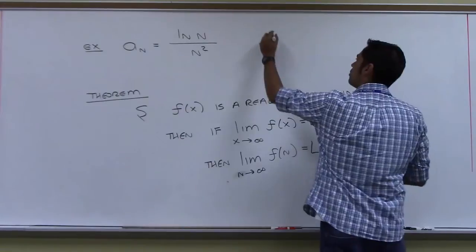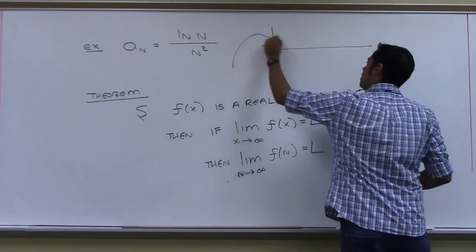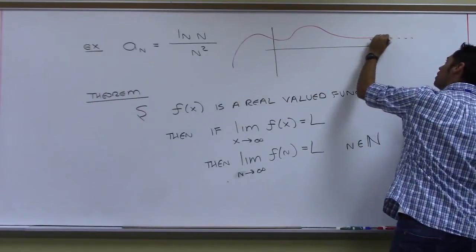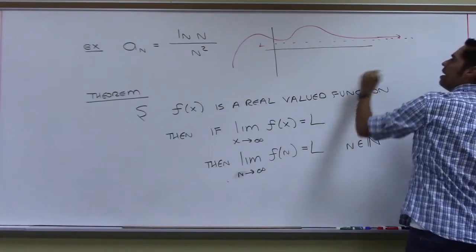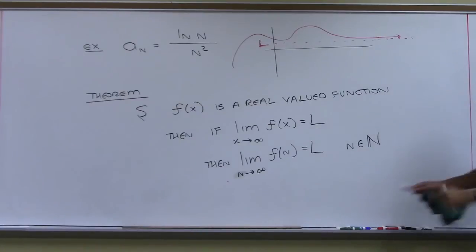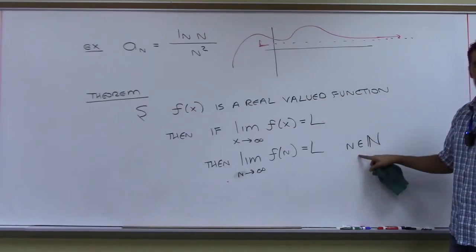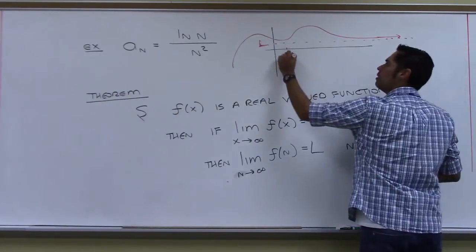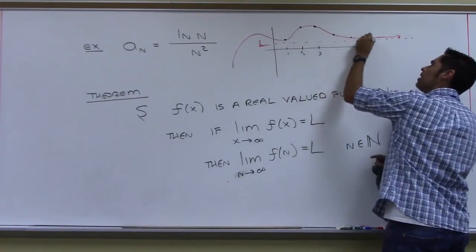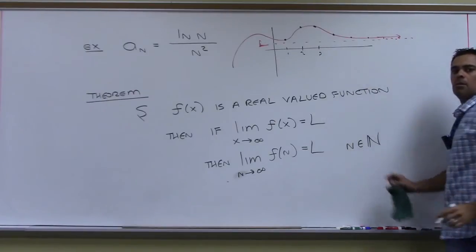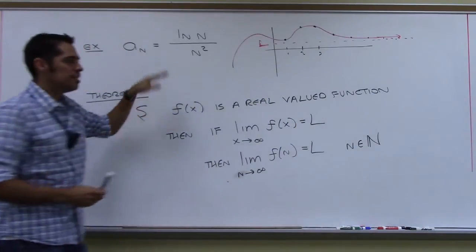Graphically, if we have a function f that's defined everywhere, and it's flattening out to some L value out here, getting closer and closer to this L, then if you restrict f to just the dots, just the natural numbers, it's going to have to go to the same place, right? Yes? So how can I tackle this problem using this theorem?